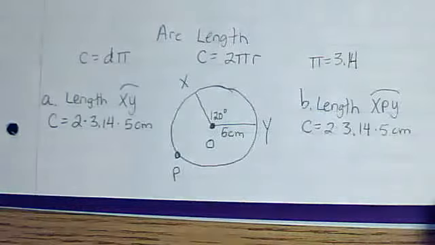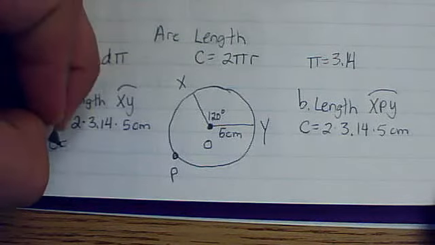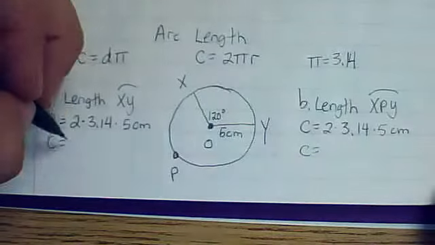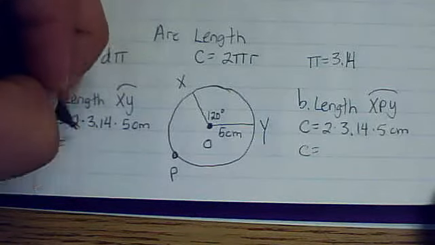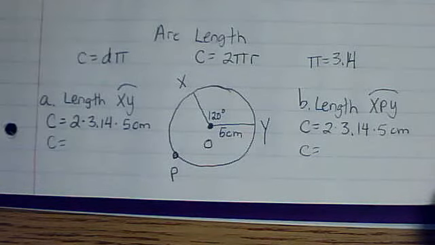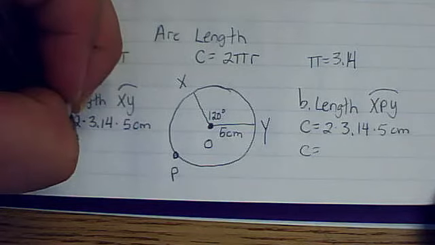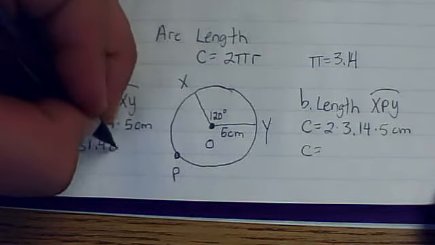And I'll do the same exact process on problem B. When I multiply that all out, I find that my circumference is 2 times 5, which is 10. 10 times 3.14 is 31.4 centimeters. So I'm dealing with the same circumference in both places.